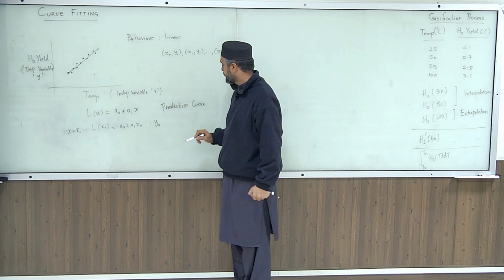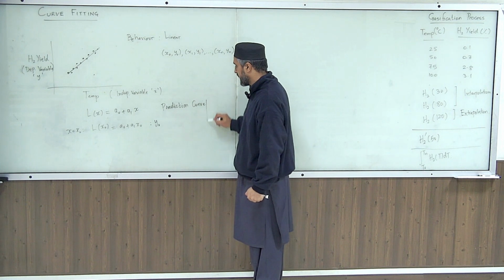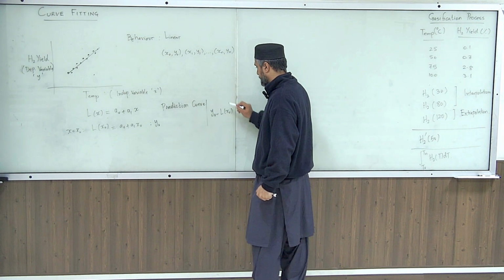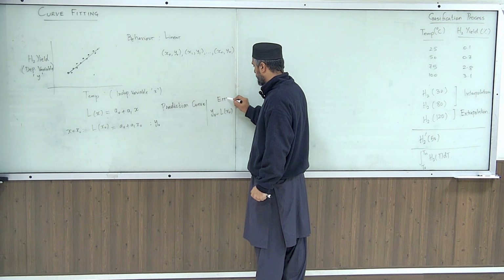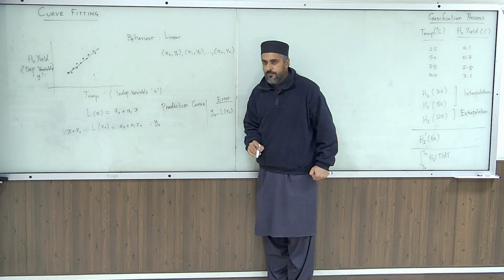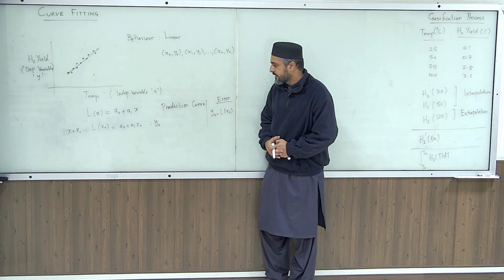And if I ask you to find the error, what will the error be? The error will be y naught minus L of x naught. So that is the error associated at a point x naught.